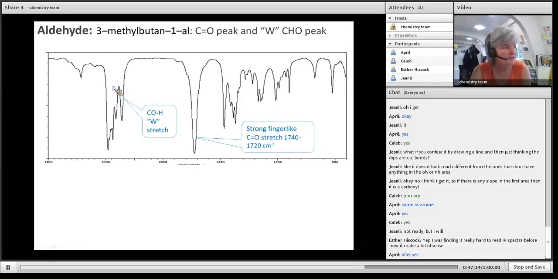So if you see a little peak peeking out of the alkyl part there, this bit that's at around 2900, you can use it as supporting evidence.